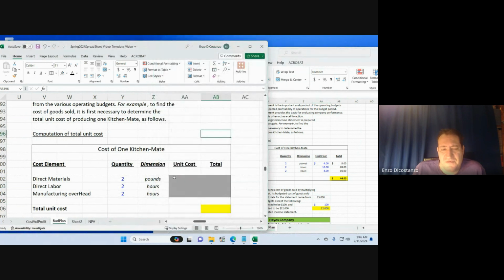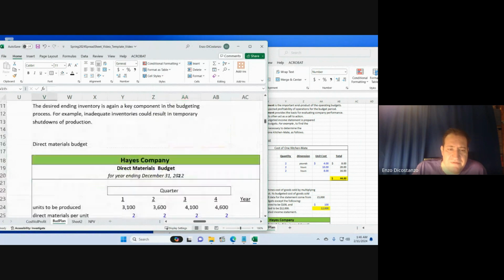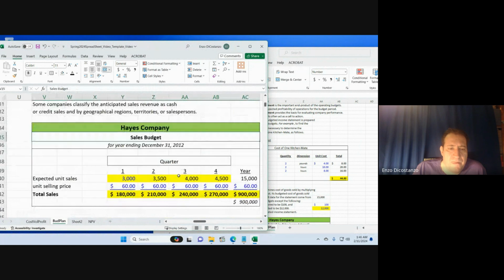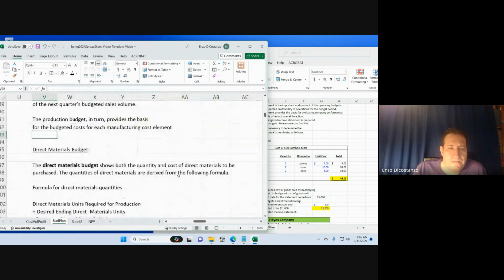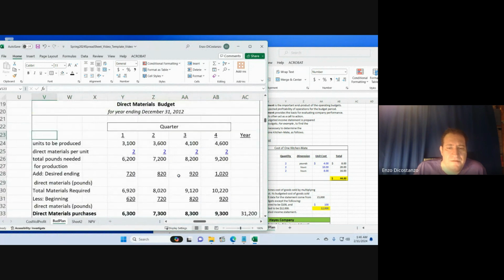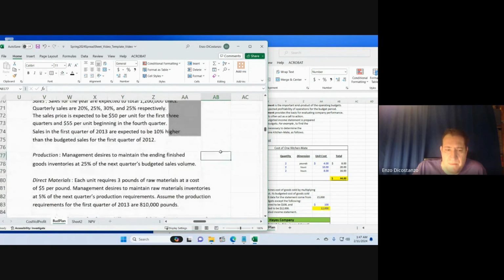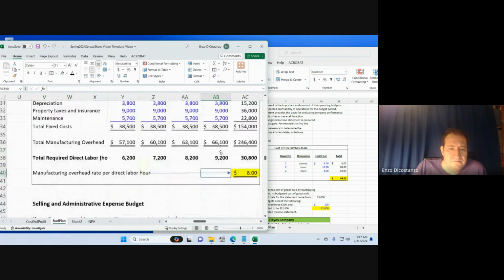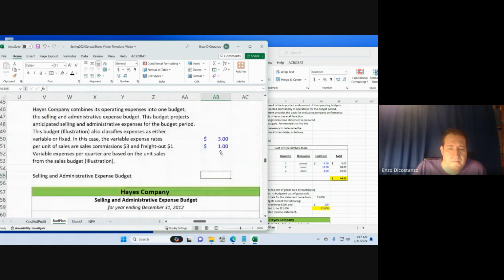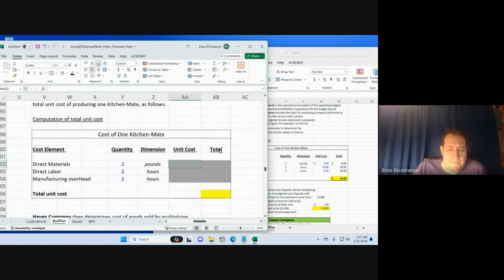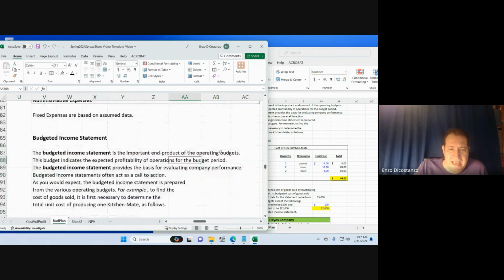Okay. So for materials, I think if we go to the material budget, you're looking at $4 a unit from here, right? That's $4 a unit from up here. Labor is 10.